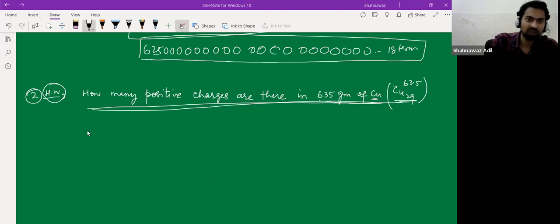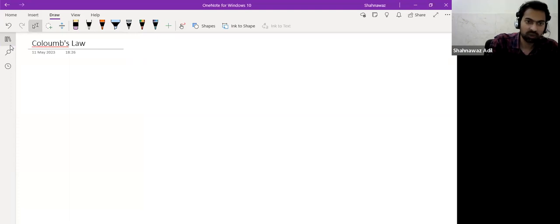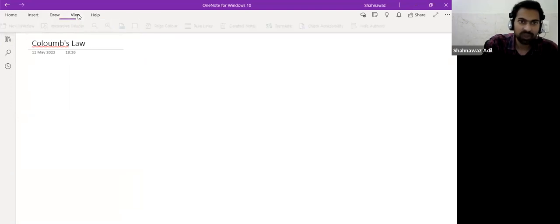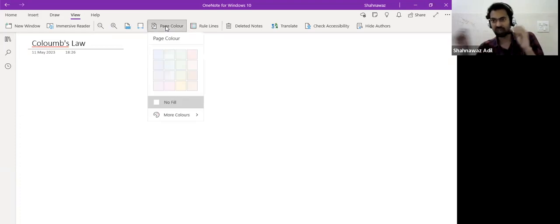Yes. So the next topic is Coulomb's law. Right. So we were talking about one charge only, right? So we have, let's say, one charge. And what happens when you have two charges, right?